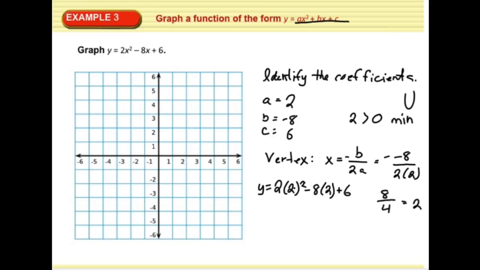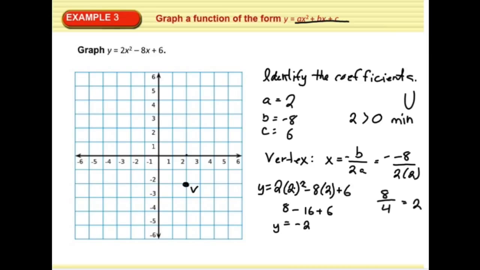So 2 squared is 4, and then 2 times 4 is 8, minus 8 times 2 is 16, plus 6 equals 8 minus 16 is negative 8, plus 6 is negative 2. So that is y equals negative 2. So the coordinate for my vertex is positive 2 and then negative 2. So this is my vertex. I'm just going to mark that so I know it.